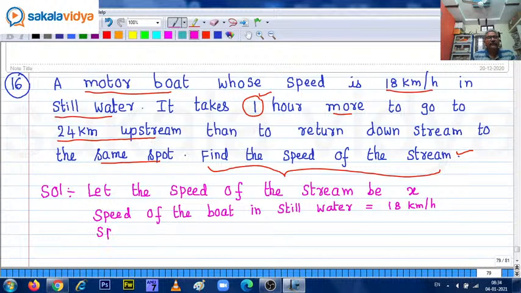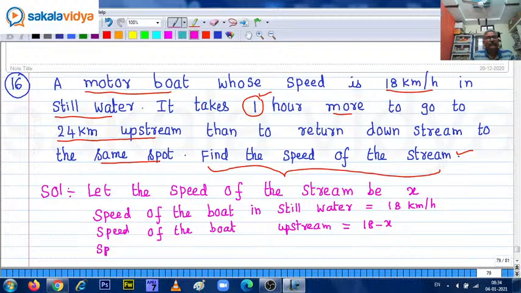So speed of the boat in upstream, that means upstream, equal to, you need to write 18 minus x.